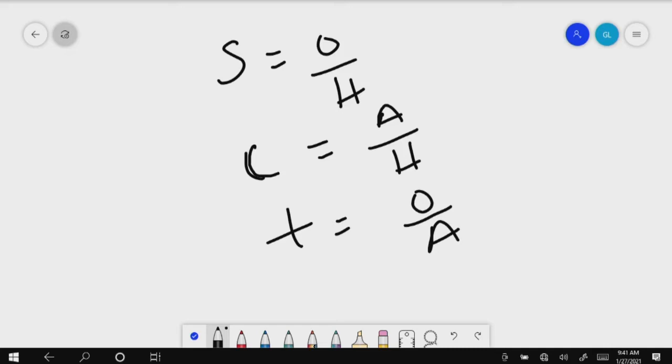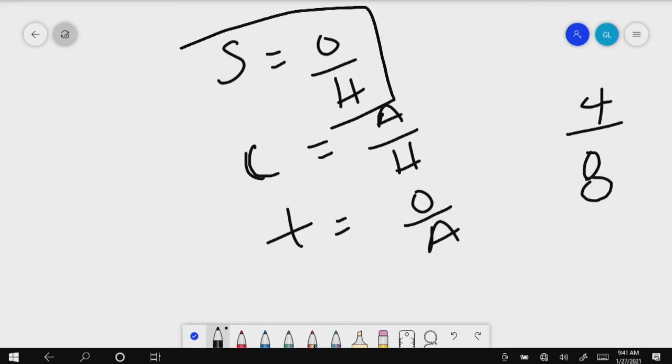In that triangle, 4 upon 8 would be in reference to angle x. Even though they labeled the triangle with y, we need that ratio 4 upon 8. And 4 upon 8 really represents, in reference to the right angle triangle, the sine ratio.